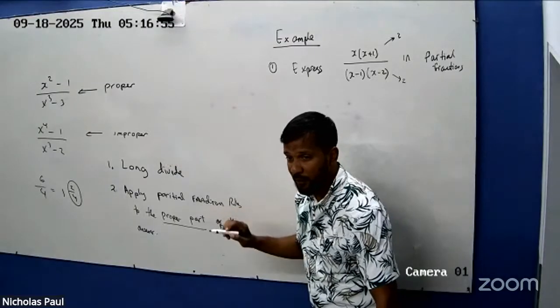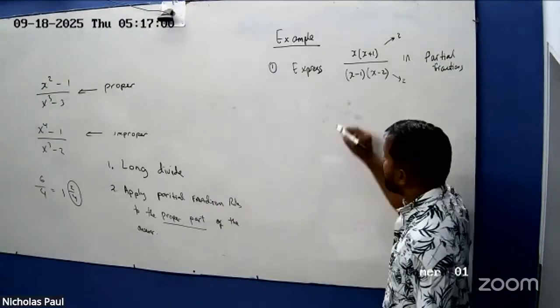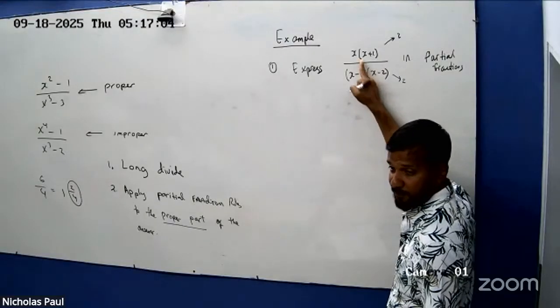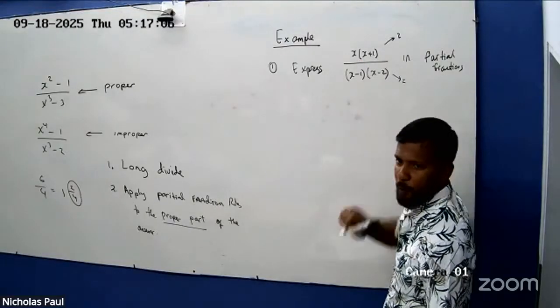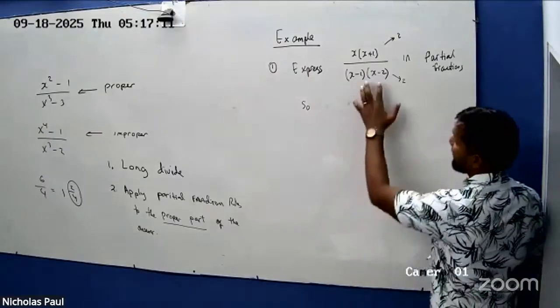What do we do now? We long divide. So step number 1, I am going to long divide this into this. What's the first thing I should do to long divide?